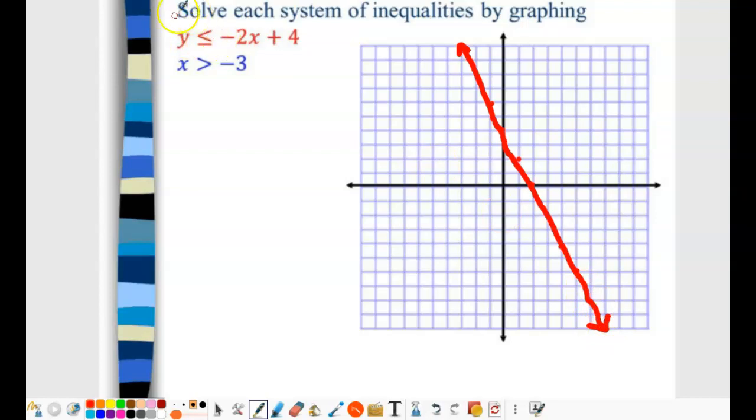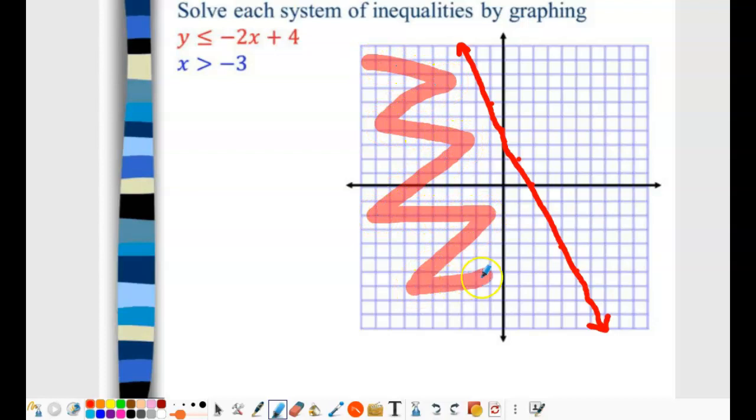The y values are less than, so I shade below. And then I'm going to shade my blue line.